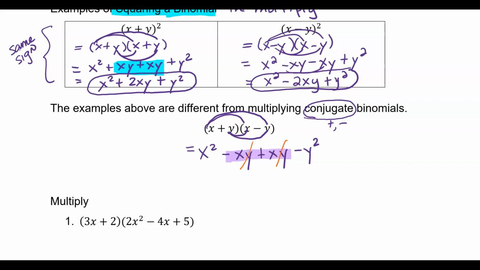Notice that those would cancel. So our final answer is simply x squared minus y squared. So notice for that particular problem where you are multiplying conjugates, you're going to end up with something canceling in the middle, and you're going to only have two terms remaining.